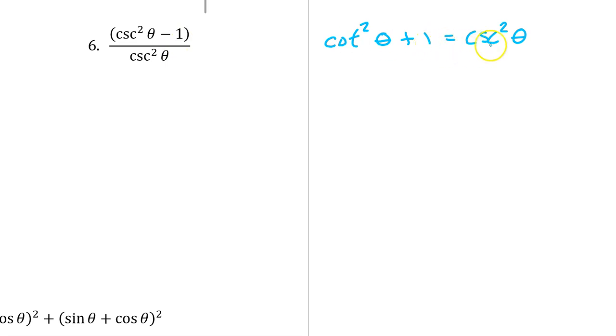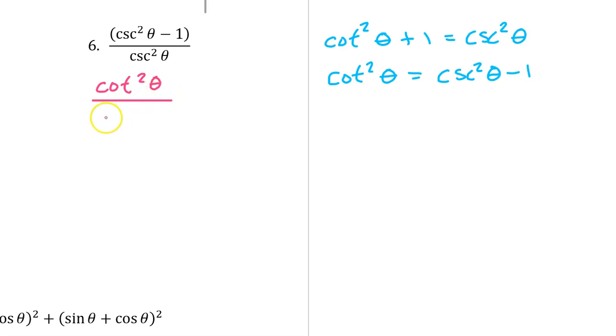So if I subtract 1 from both sides, we get cotangent squared theta is equal to cosecant squared theta minus 1. So let's make this substitution. I'm going to put cotangent squared theta in instead of cosecant squared theta minus 1. So in the numerator we will have cotangent squared theta. In the denominator we have cosecant squared theta.